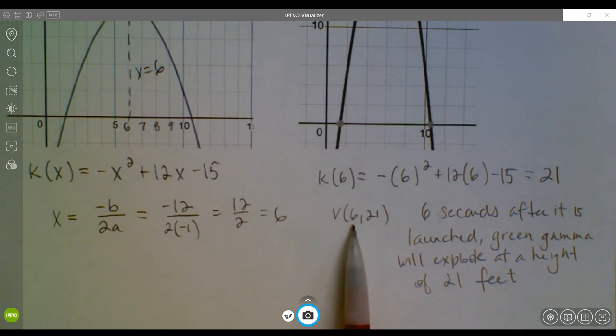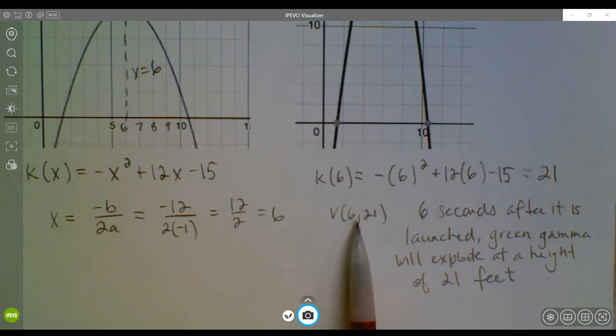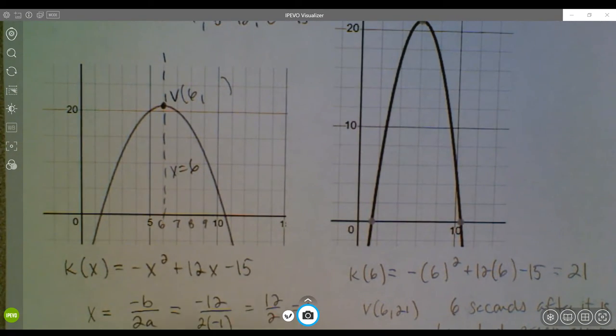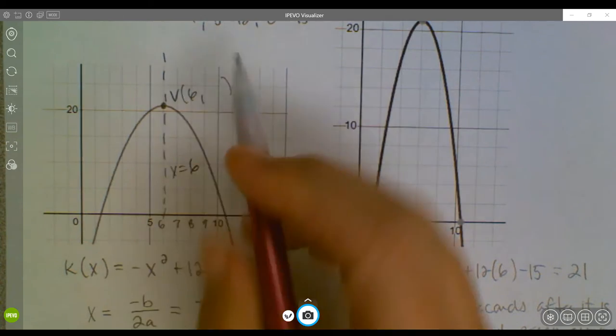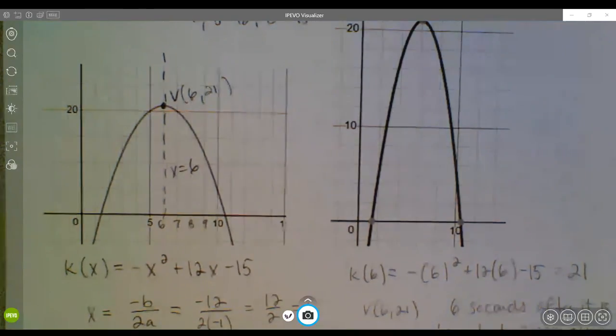So I've used the 6, that's my time, that's my independent variable. The height is 21 feet. So x, y, time, height, independent, dependent. And regardless of what graph I use, I went 6, and this is just over 20 at 21.